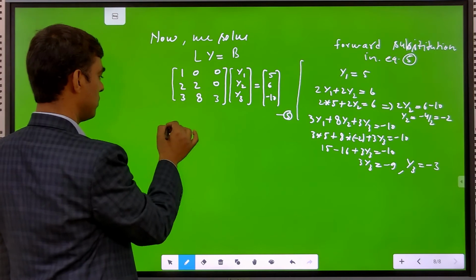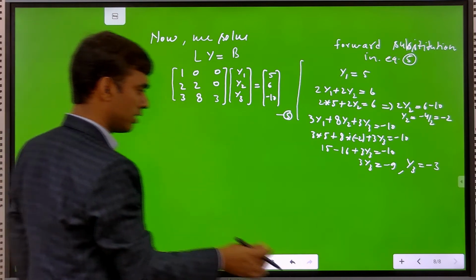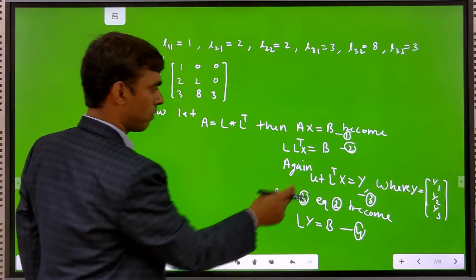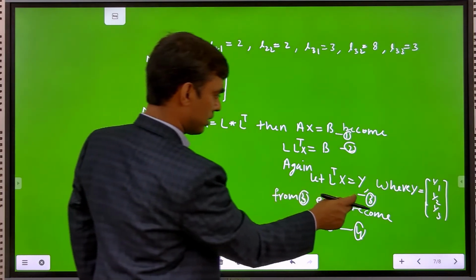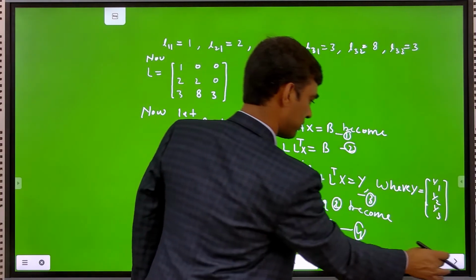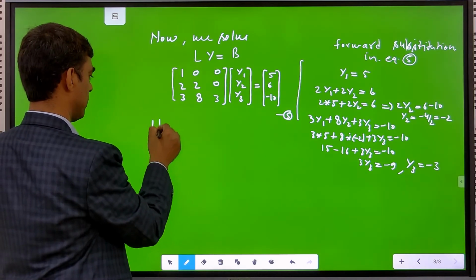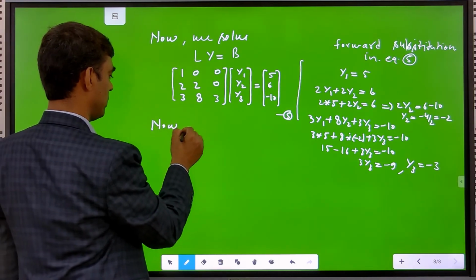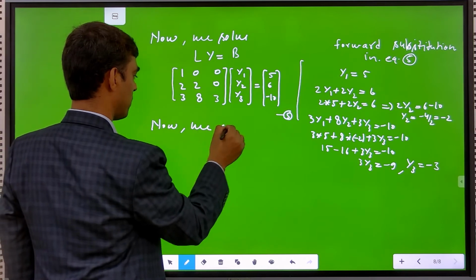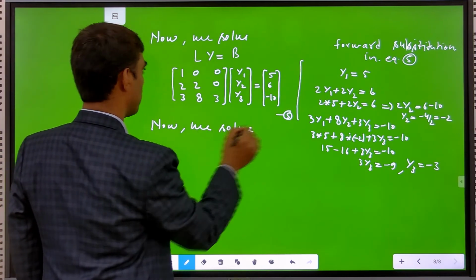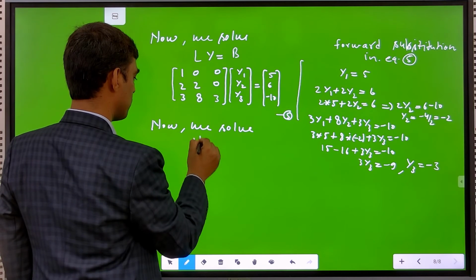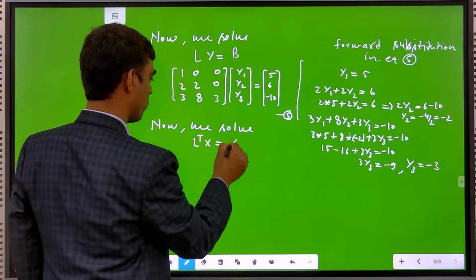Once we find the values of y1, y2 and y3, we solve equation number 3, L transpose x equal y.